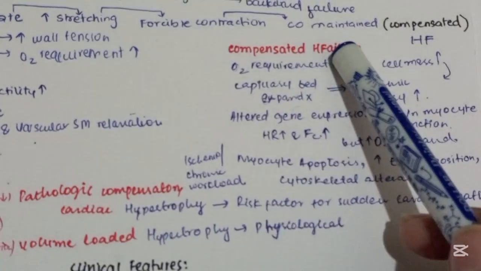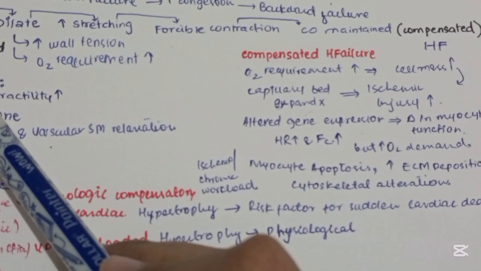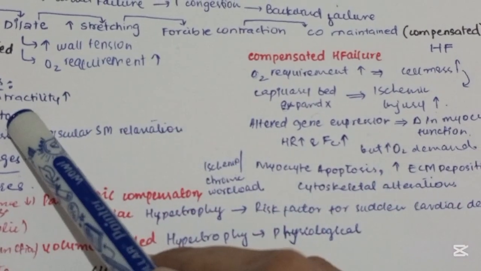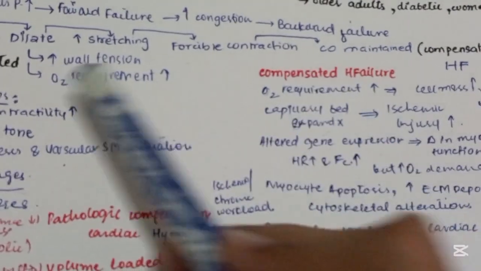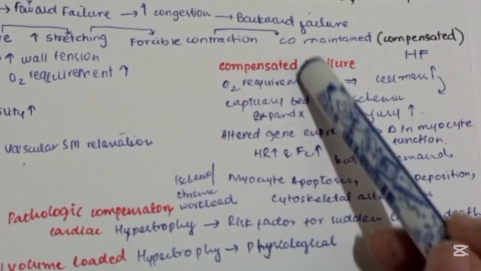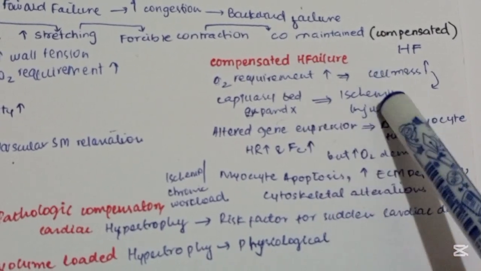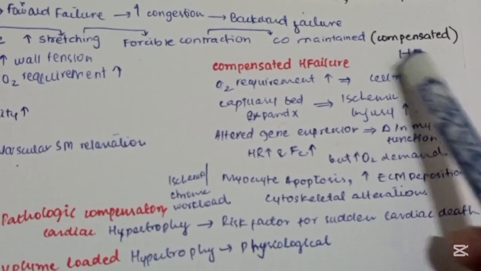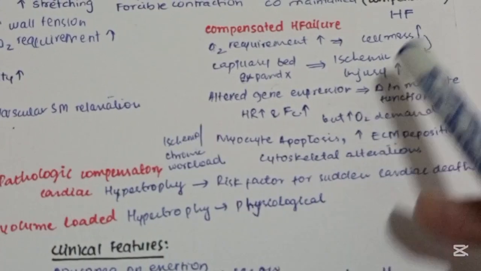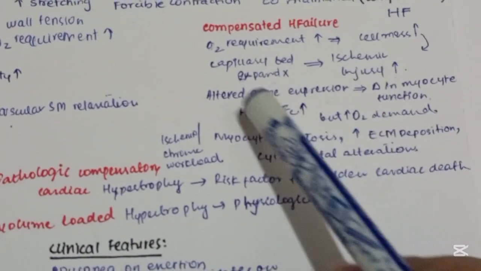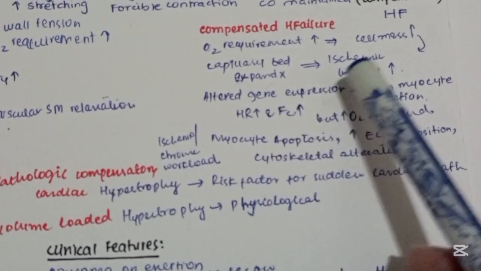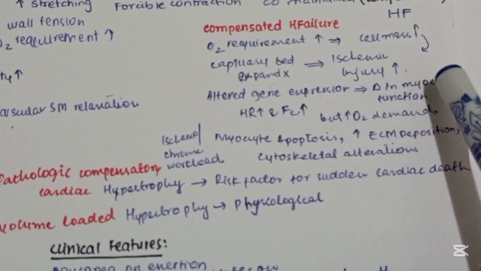Now the compensated heart failure is going to be converted with time into decompensated heart failure, and as I have told earlier, the oxygen requirement is going to increase because the cell mass actually increases because of the hypertrophy, and as a result of increased cell mass, but the capillary bed doesn't expand, there will be more chances of ischemic injury.